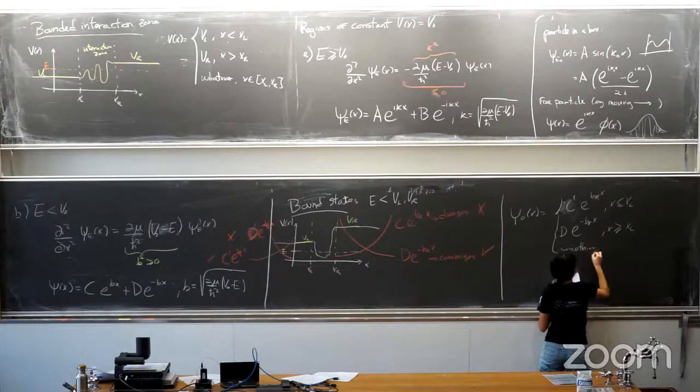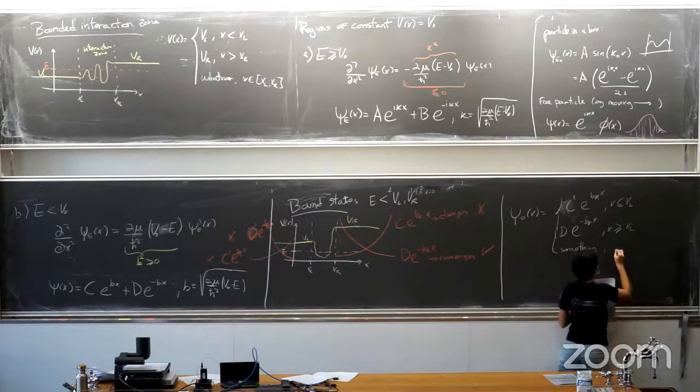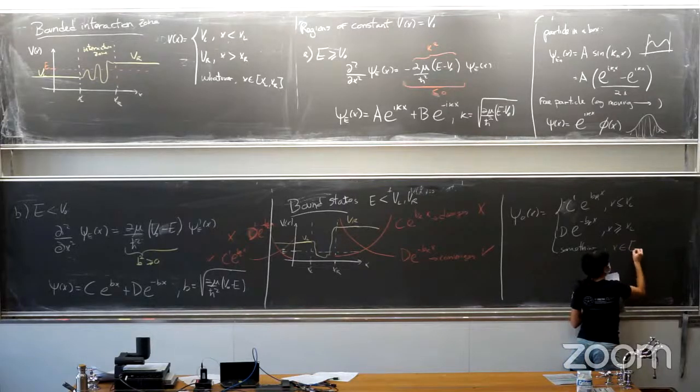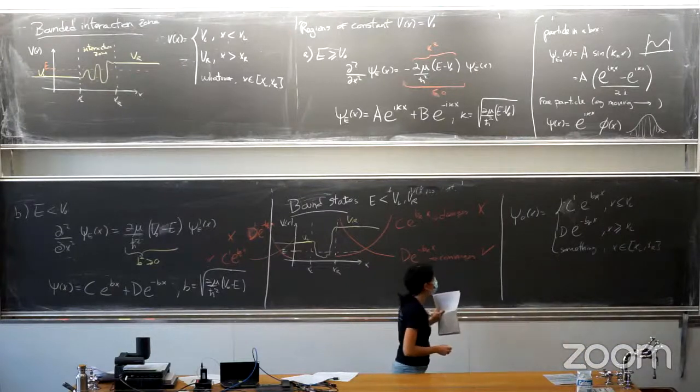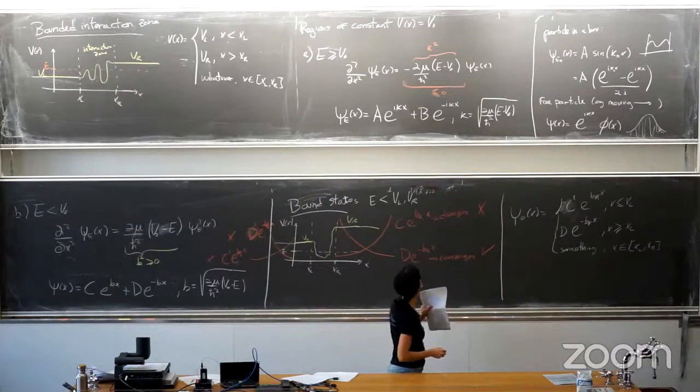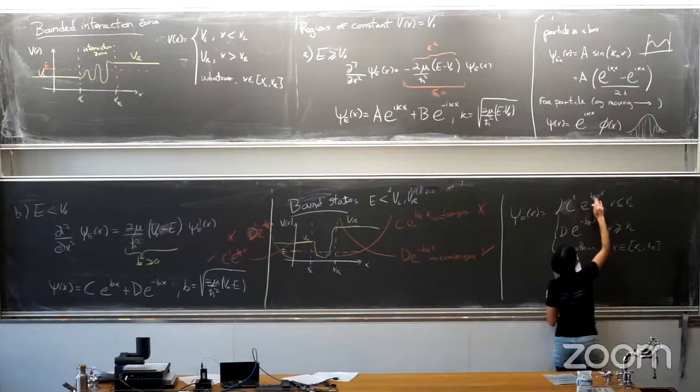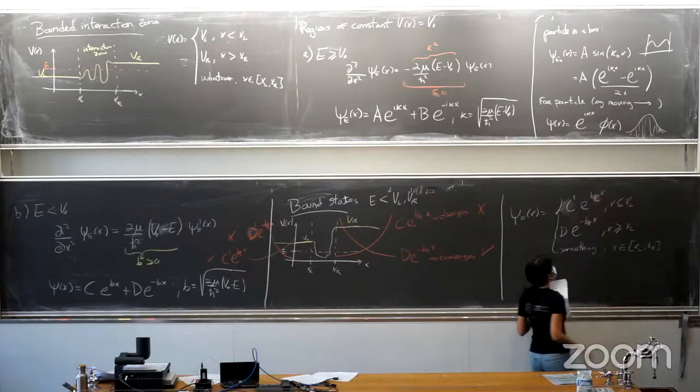And something that we don't know yet because it depends on the form of the interaction zone in the middle. Shouldn't the B from the C prime be BL? BL, yes, sorry, yeah. Exactly, yes.